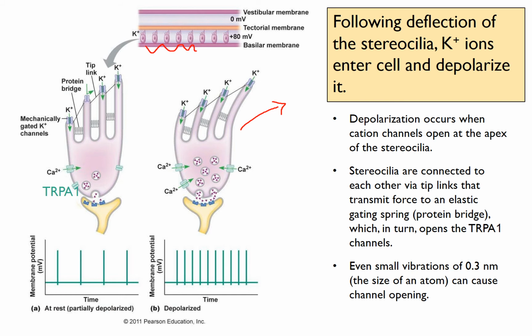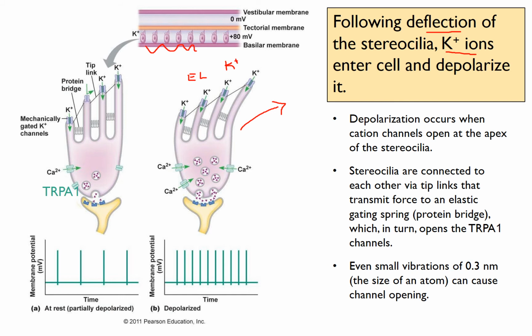Now, when the stereocilia pivot or deflect, potassium ions enter the cell because these stereocilia are bathed in the endolymph. This is a very high concentration of potassium.